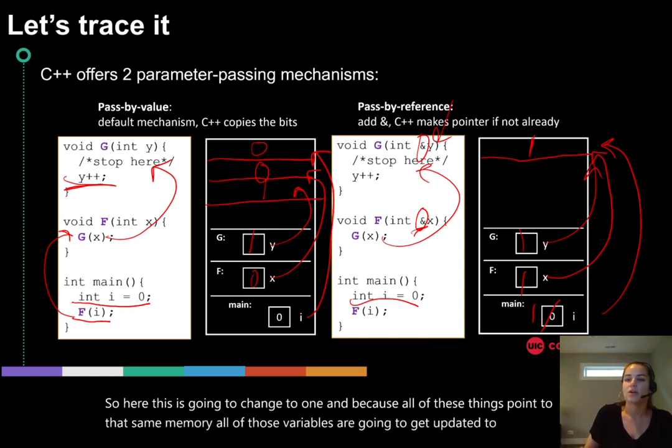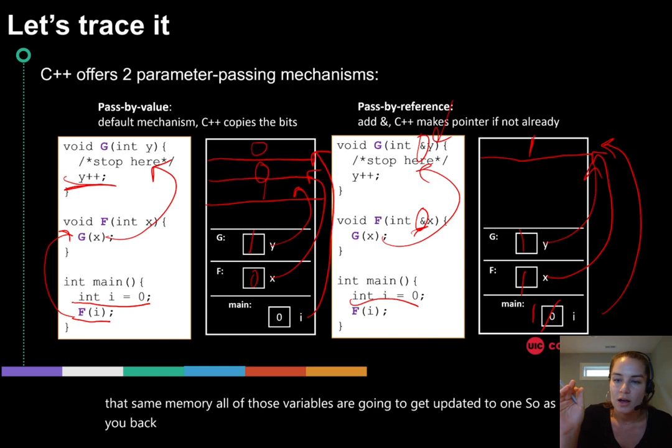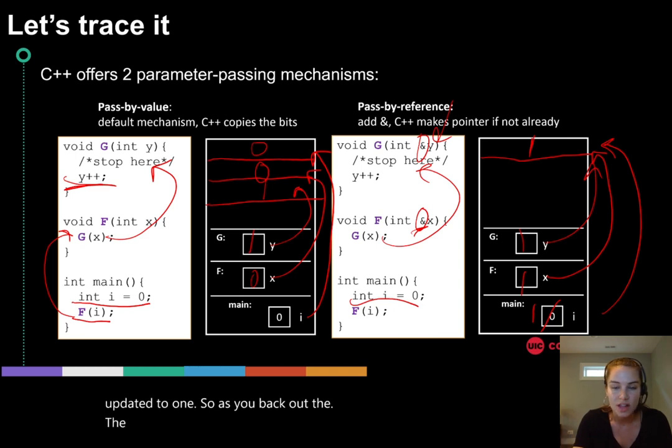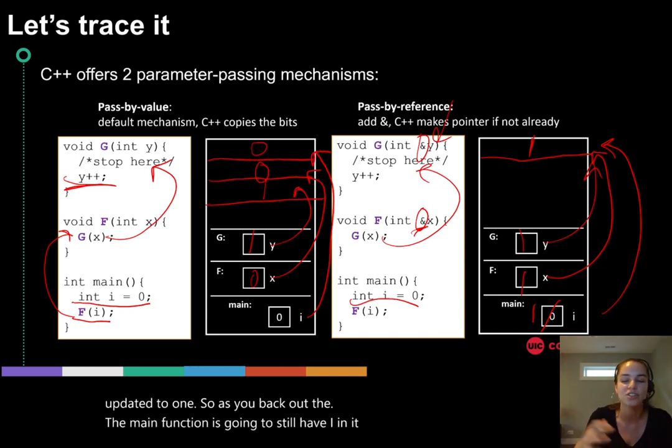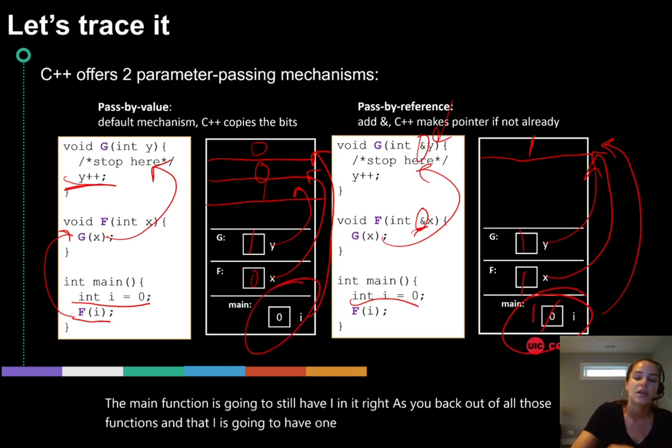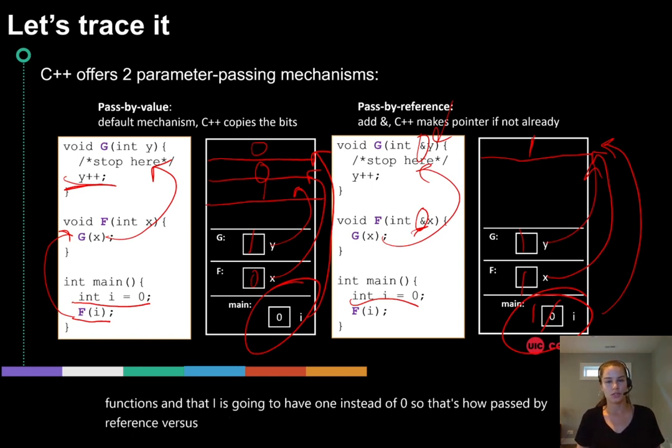So as you back out of all those functions, main is still going to have I in it, and that I is going to have 1 instead of 0. So that's how pass by reference versus pass by value works.